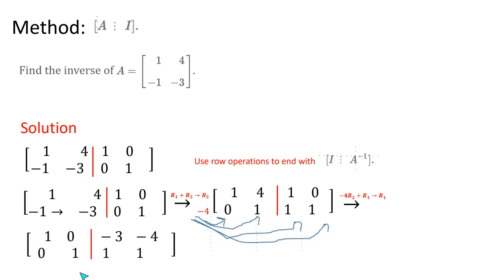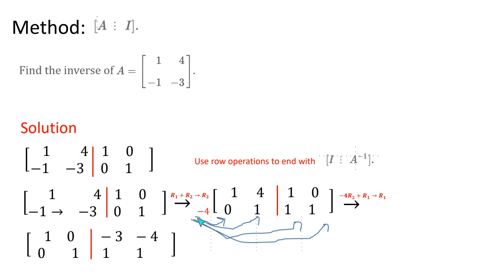Okay, so let me go ahead and do the work here. Negative 4 times 0 is 0, plus 1 is 1. Negative 4 times 1 is negative 4, plus 4 is 0. Negative 4 times 1 is negative 4, plus 1, negative 3.